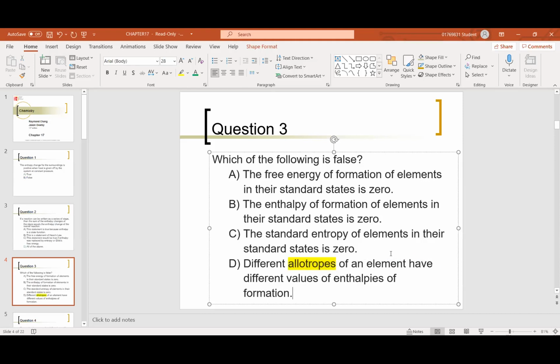This word. No, I'll look it up right now. All right. Okay, which of the following is false?